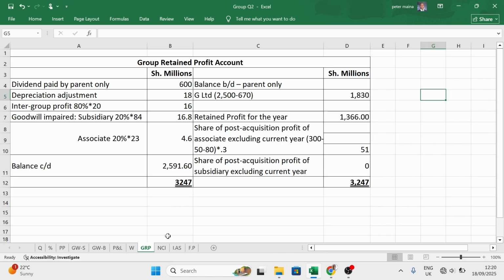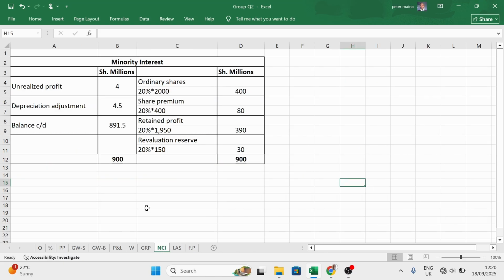Next, let us see how to prepare the minority interest, also known as the non-controlling interest. So this one is very easy because we were not given the fair value of non-controlling interest. We can only take their share of net assets.